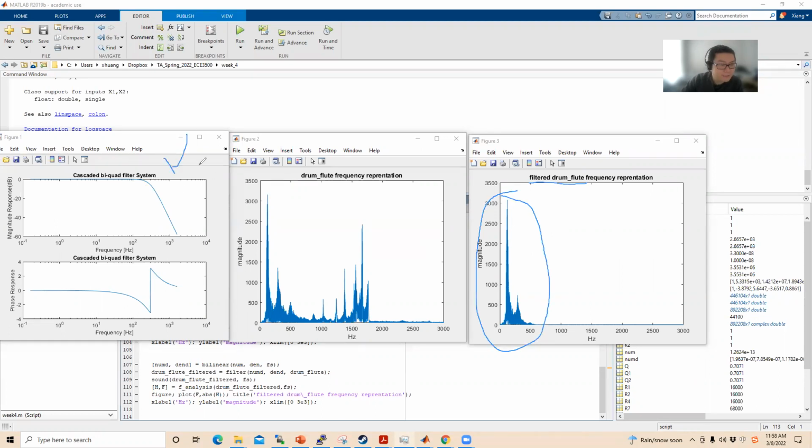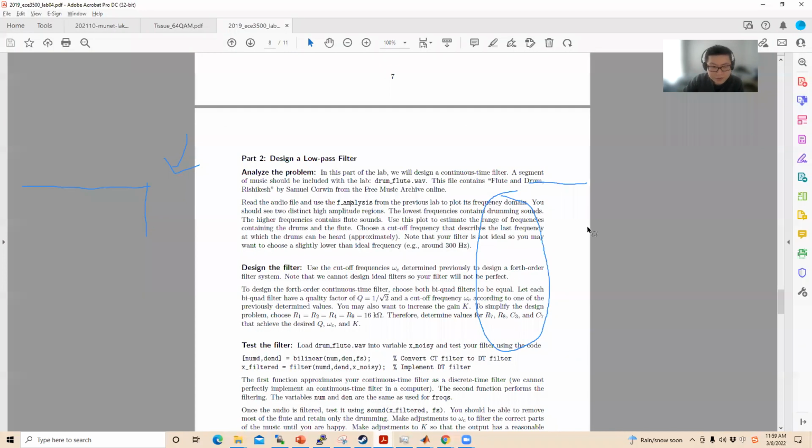So this is my filter here. If we check the minus 3 dB part, I don't know.